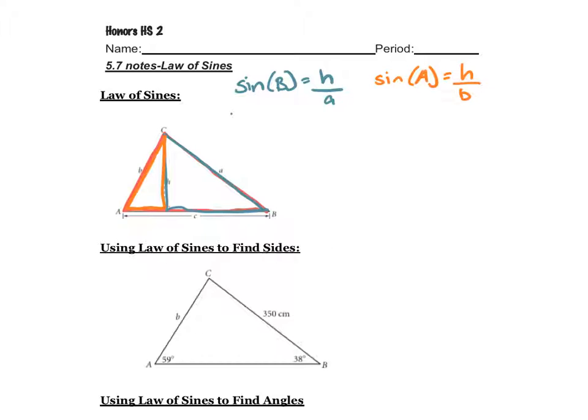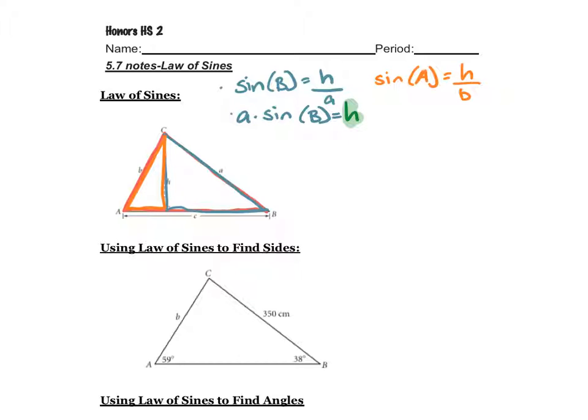So now we're just going to use a little bit of algebraic manipulation to derive the law of sines. On my equation over here in turquoise, I'm going to get the H by itself, so I'm going to multiply both sides by A. So I have A sine B. Now this is going to help me because notice that H is in both of these equations, so I'm going to be able to do some substitution.